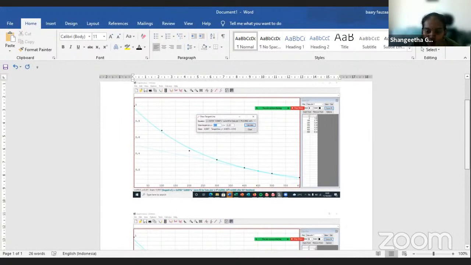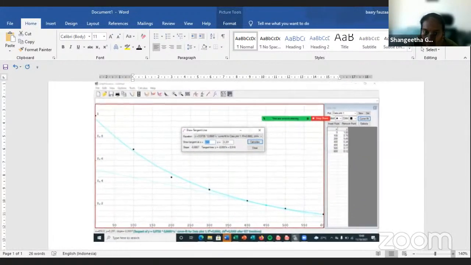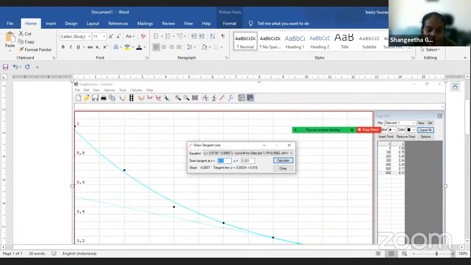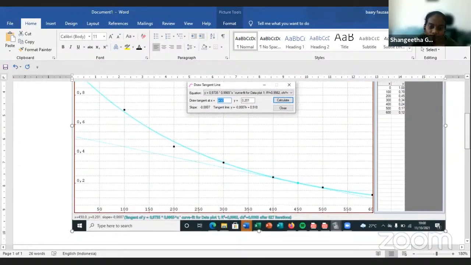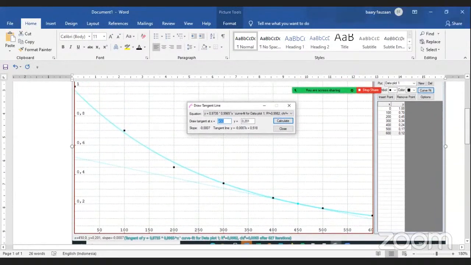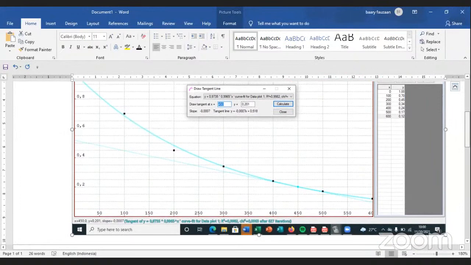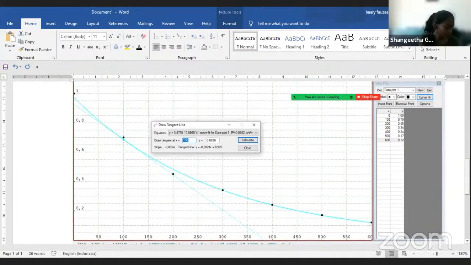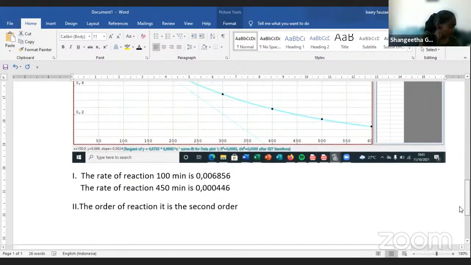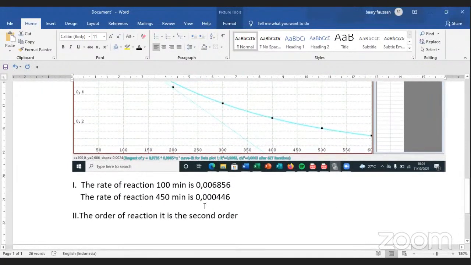Can you make the picture bigger because it's quite blurry? Maybe increase the percentage at the bottom there. Yes, that's better. It's to draw the timeline, for 100 minutes. So for the rate of reaction, we have this.